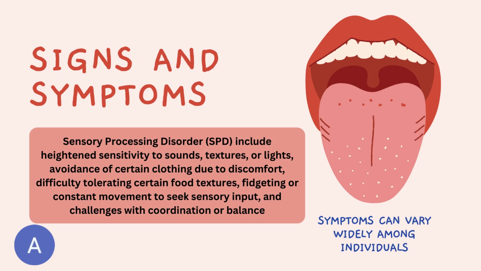Most of the signs and symptoms of SPD are related to our senses, which include tactile sensitivity, auditory sensitivity, visual sensitivity, olfactory sensitivity, gustatory sensitivity, vestibular sensitivity, and lastly proprioceptive sensitivity.